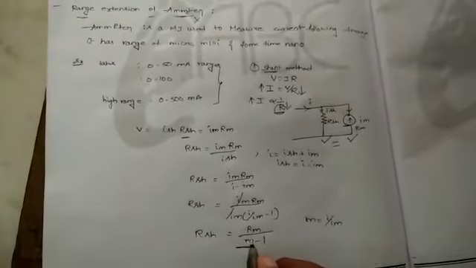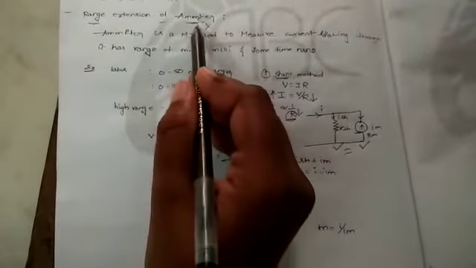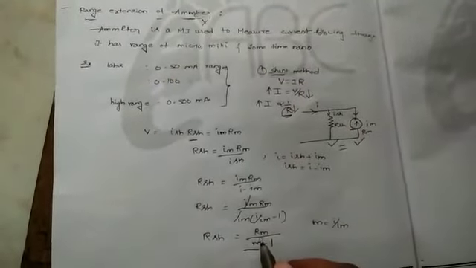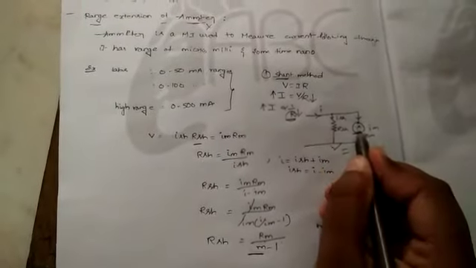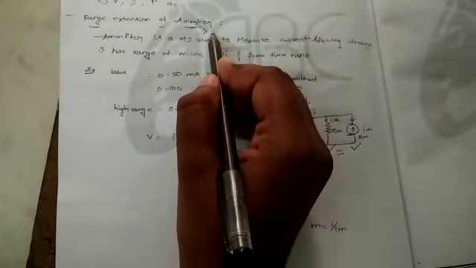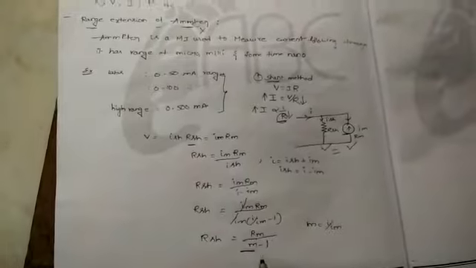If I add this much resistance in parallel to the ammeter, then I can increase the range of the ammeter. I will say once more, if this much resistance is added in parallel to the ammeter, you can increase the range of the ammeter. There is also a chance of problems being asked in this topic.